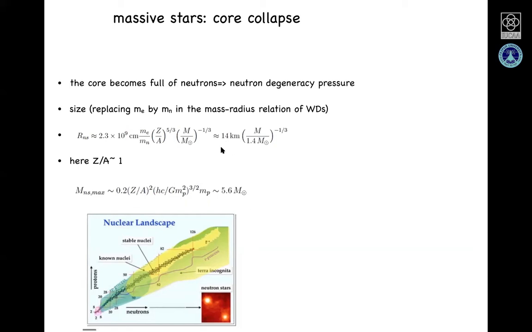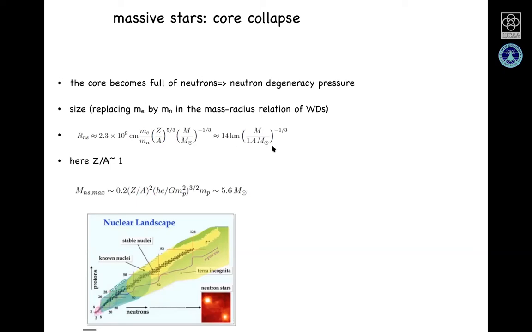But that's a rough estimate, because it turns out that Newtonian gravity is not adequate here. Remember, I mentioned that if you work out the escape speed in this case, it becomes almost 20% of the speed of light. So you have to use general theory of relativity.